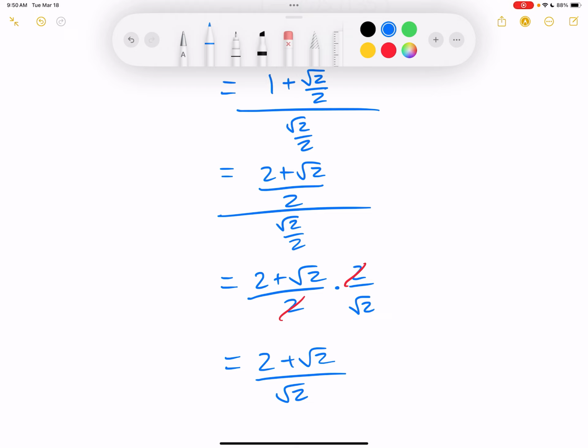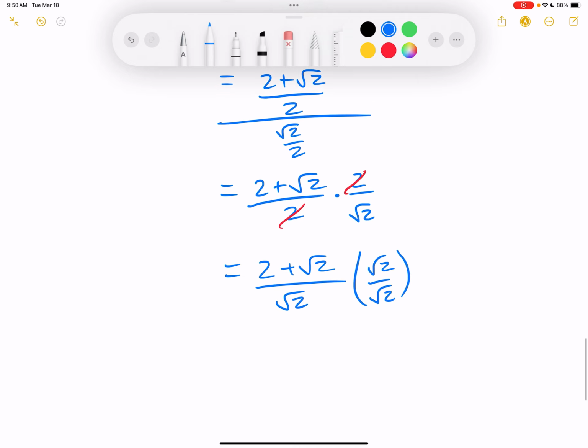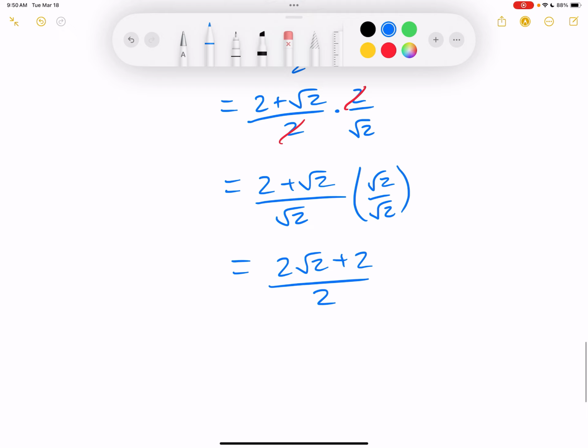What do I need to do? Multiply it by root 2 over root 2. So then I get 2 root 2 plus 2 over 2. Factor out the 2. So I get root 2 plus 1.